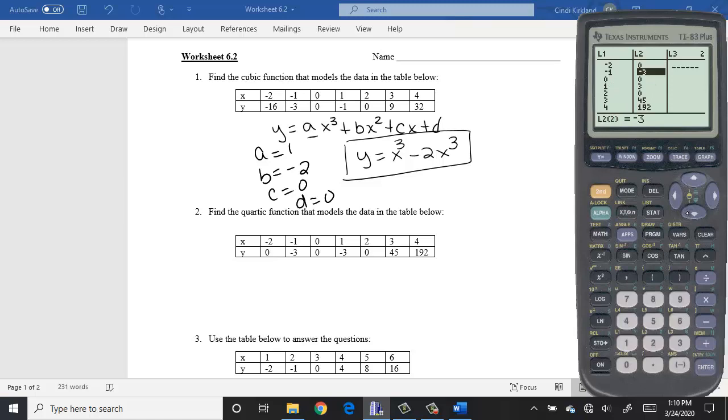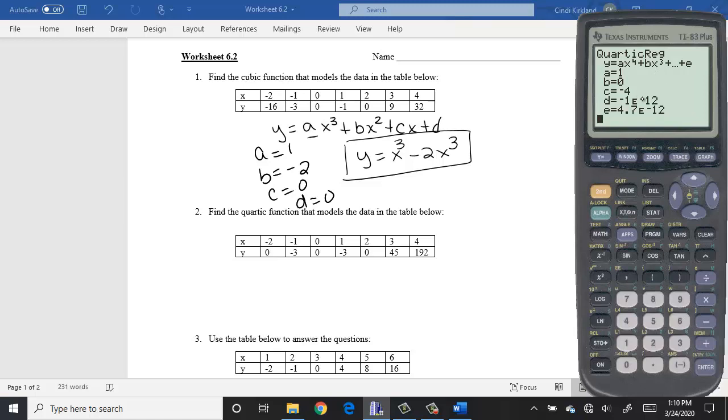Okay, this should be -3. Oh, that looks better. All right, so 1 x to the 4th plus 0 x cubed.